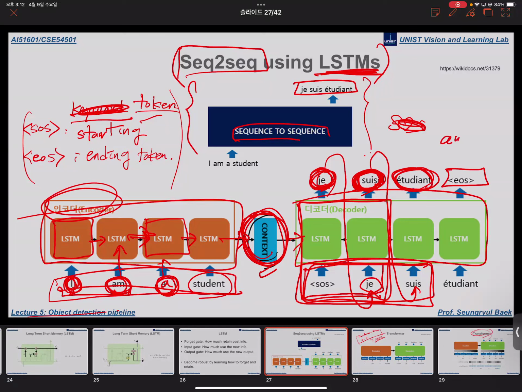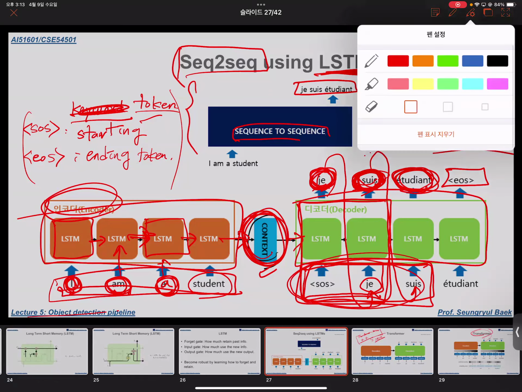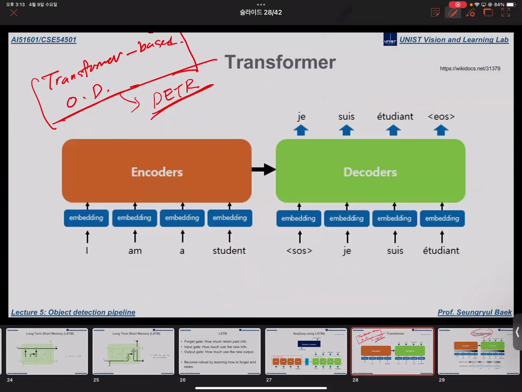We call this the auto-regressive way because we are using the predicted output as the input to subsequent prediction. That kind of thing is called the auto-regressive method. Okay, you have to understand this.